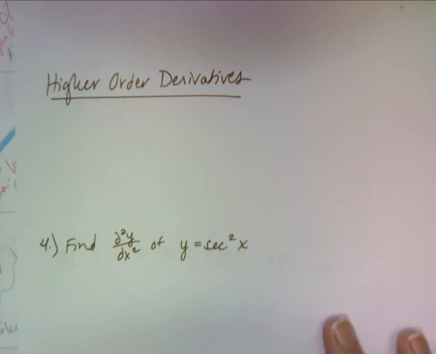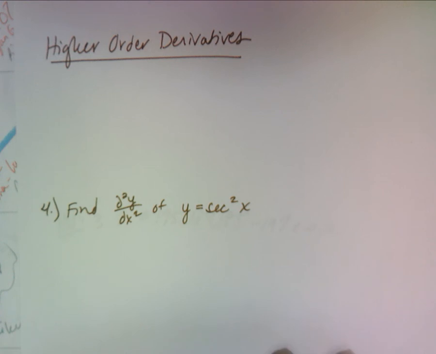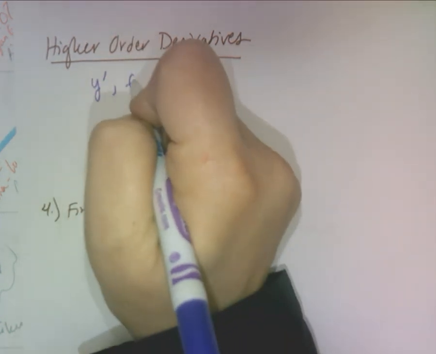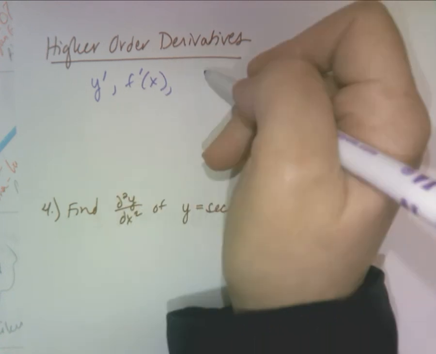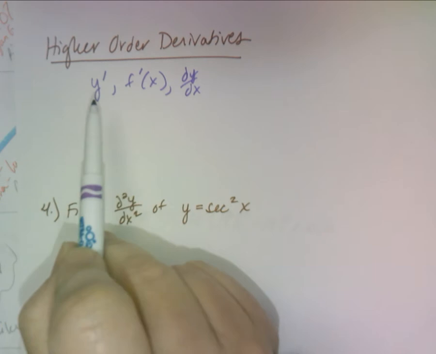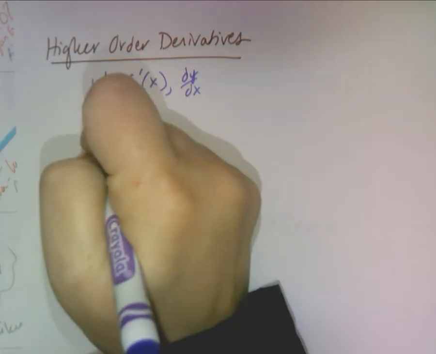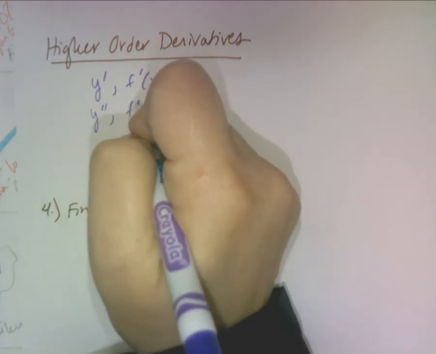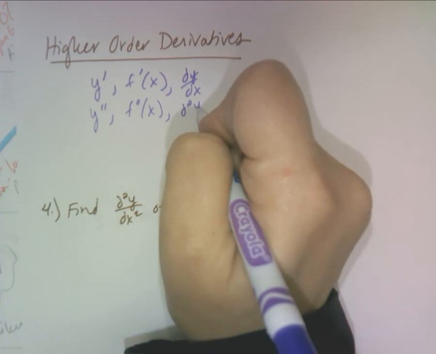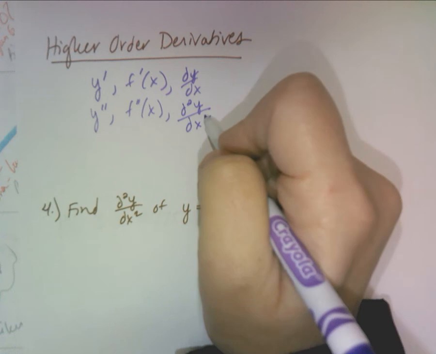All right, and now we've got this idea of higher order derivatives. We've kind of already done it when we talked about acceleration. y prime, f prime of x, and dy/dx are all symbols for a first derivative. But we could have a second derivative, d squared y over dx squared, like that. That would be a second derivative.